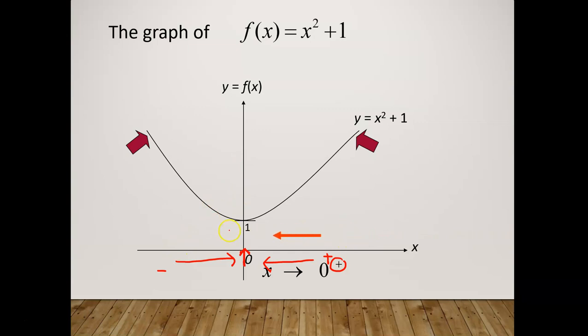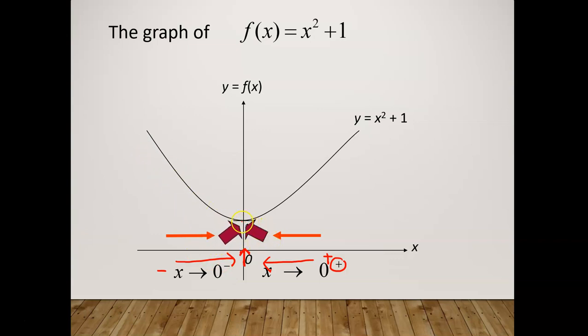Moving to the right side, what happens is your graph is going down and approaching y equals 1. The same goes when x is approaching 0 negative, from the left-hand side, your graph is going down.